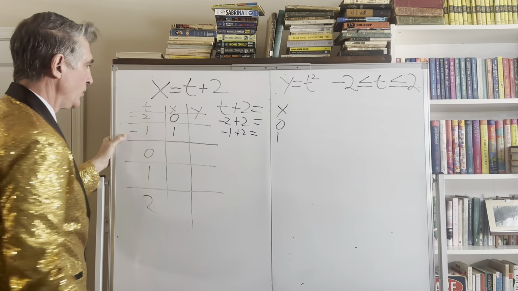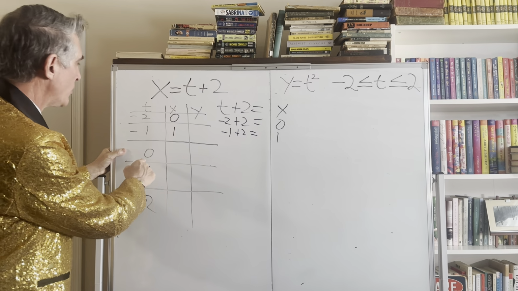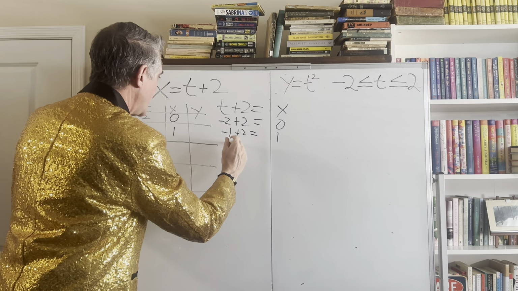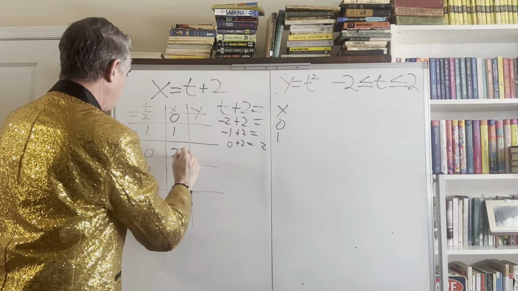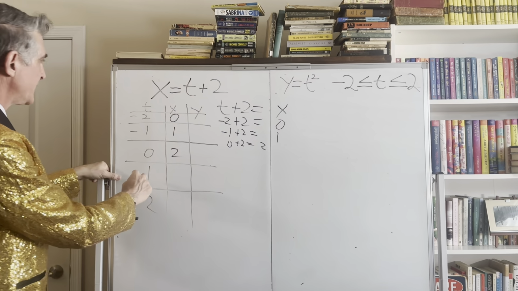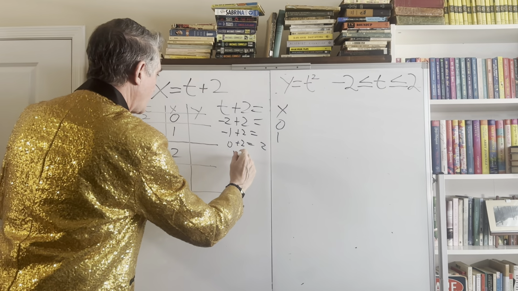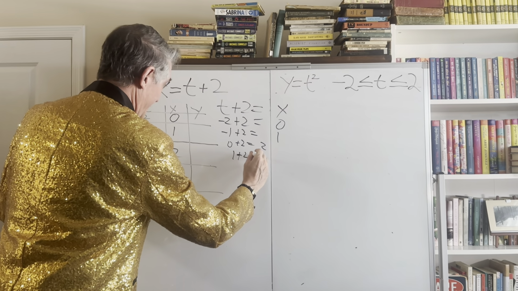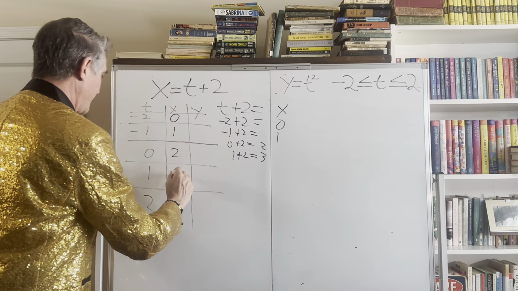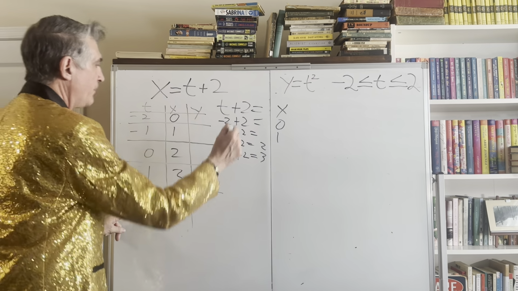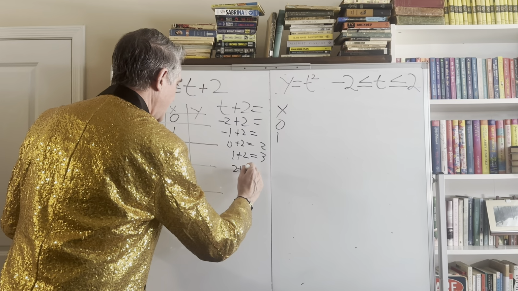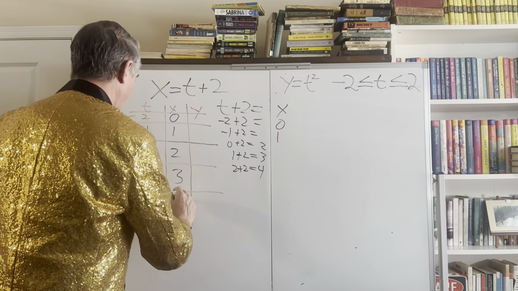So I've got an x value of 1. I plug in my 0 here for t. I've got 0 plus 2. That gives us a value of 2. Doing +1 here, I've got 1 plus 2, which does give me 3. I gave the answer away, but I don't think that's going to ruin this episode. I've got a +2 here being added to another 2, so that's going to give us a value of +4.